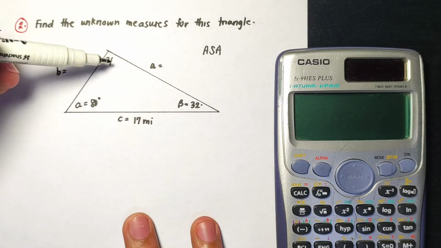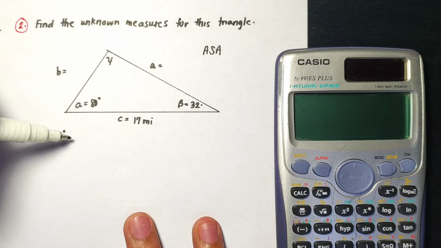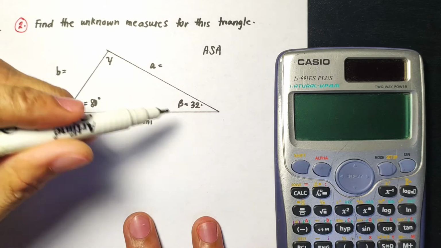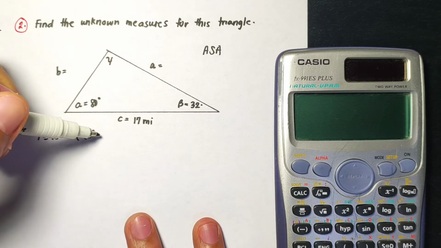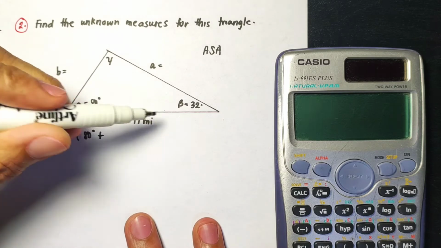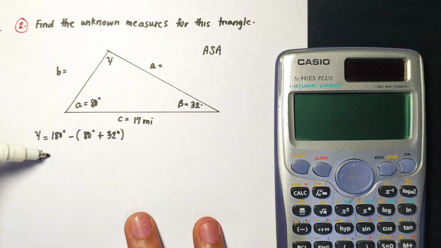To find the value of this angle gamma, we're going to subtract from 180 degrees the sum of these two given angles, which is angle alpha, 80 degrees, plus angle beta of 32 degrees. So adding them, it will give us how many?